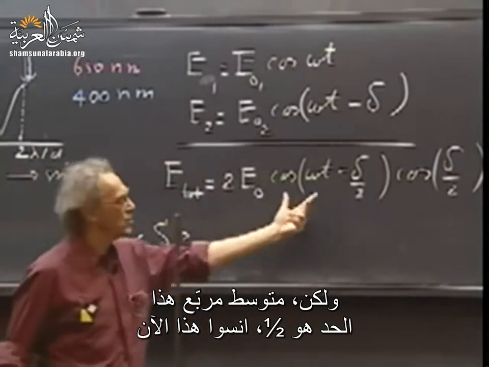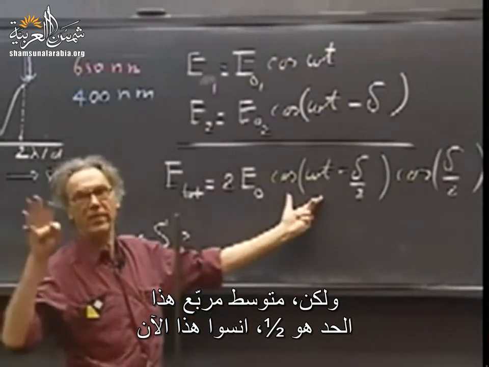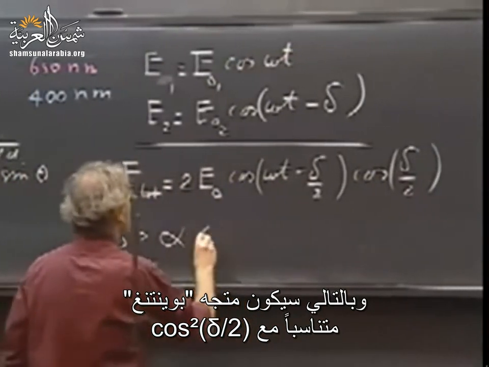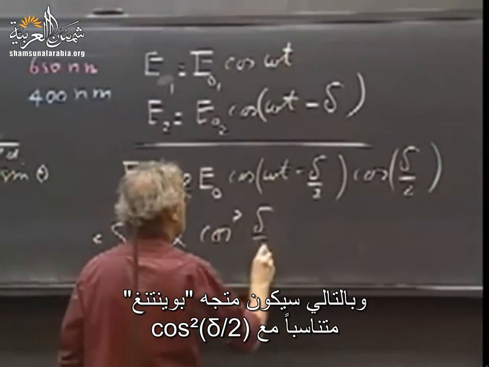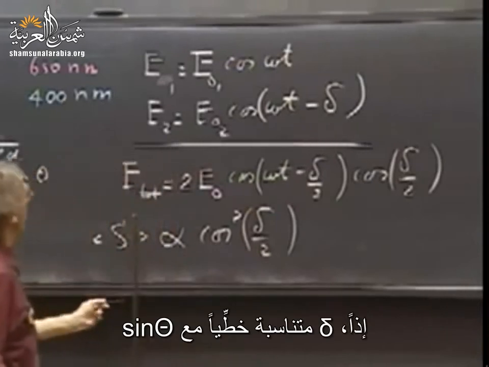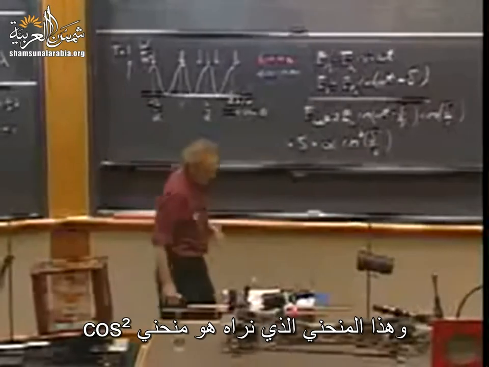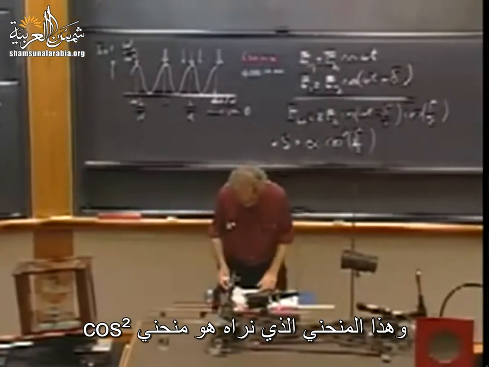But the average of the square of this term is 1/2, so forget that for now. And so it is going to be proportional to the square of cosine of delta over 2. Delta is linearly proportional to sine theta, and this curve that you see is a cosine square curve.